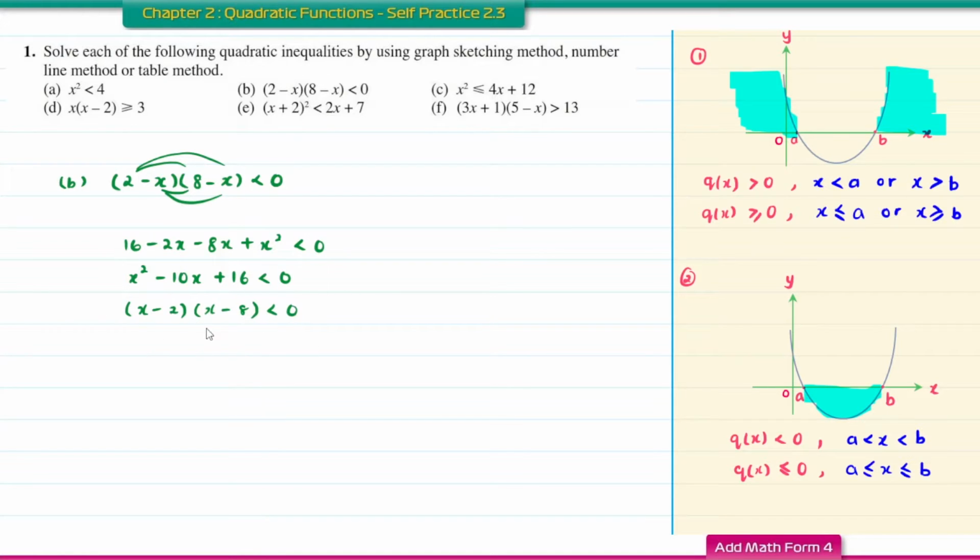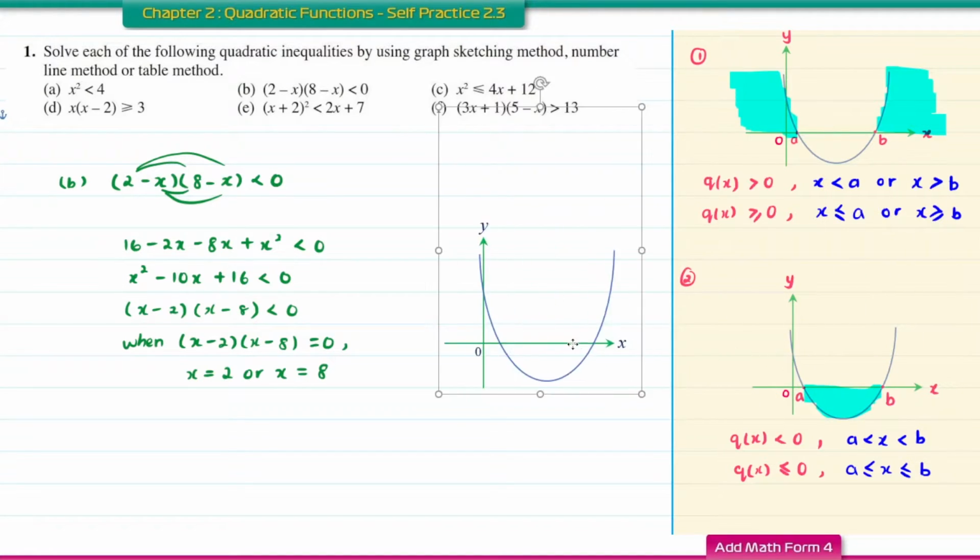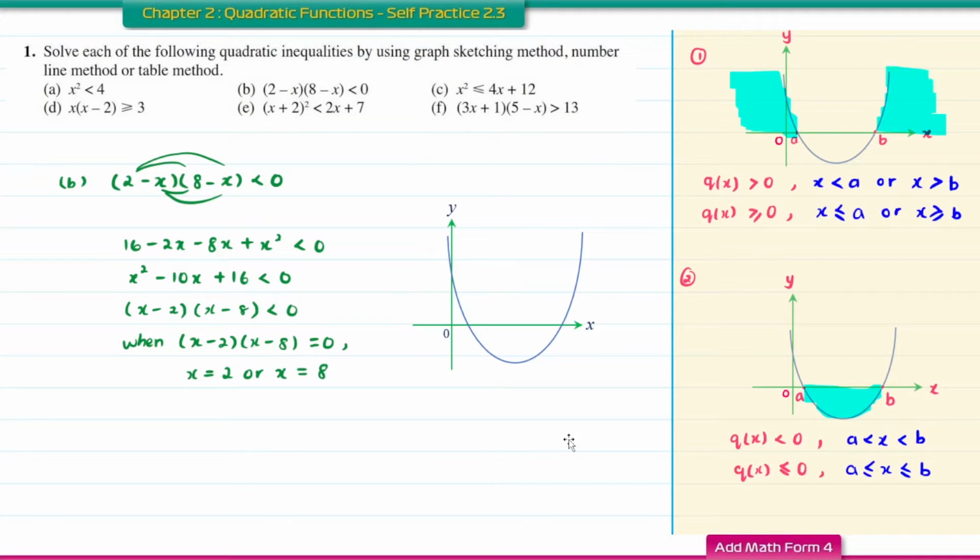Now, to find the roots of this quadratic inequality, I'm going to let it equal to 0. So when (x minus 2)(x minus 8) equals 0, x is equal to 2 or x is equal to 8. When I plot the graph, it's going to look like this.